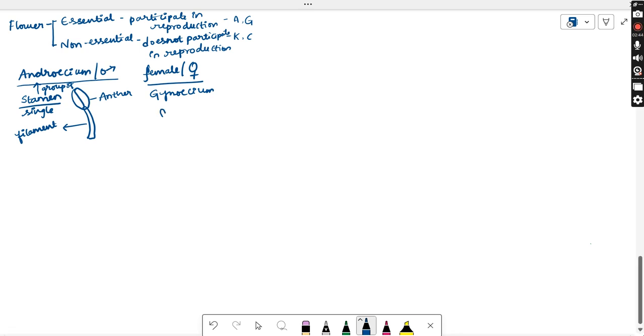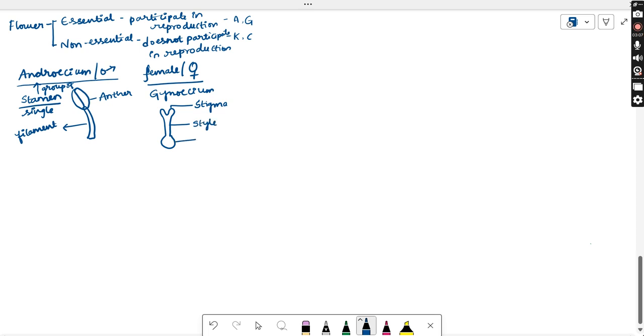This contains three parts: a surface-type structure, a stalk-type structure, and a lobule-type structure. The surface structure, where pollen grains fall and pollen tube germination starts, is the stigma. The pollen tube grows on a long stalk-type structure, which we call the style.